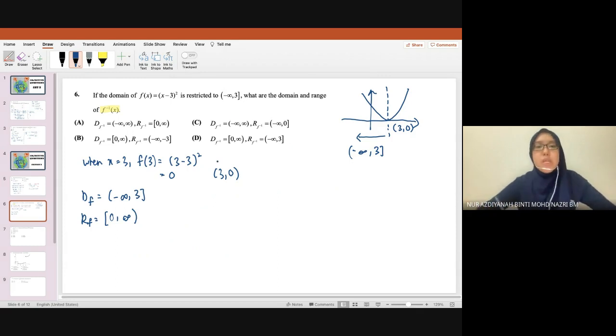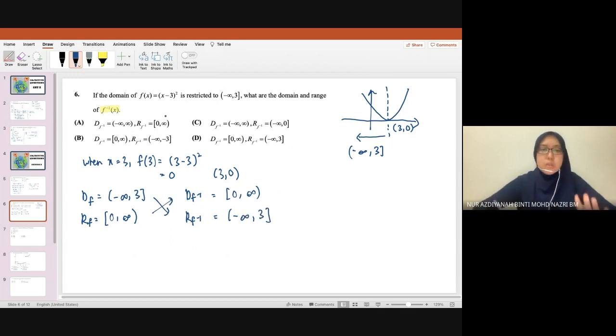So for the inverse, let's just write it like this. Domain for the inverse and range for the inverse. We'll take the opposite. So domain akan jadi 0 to infinity and the range will take negative infinity until 3. Okay, so let's check which is the final answer.